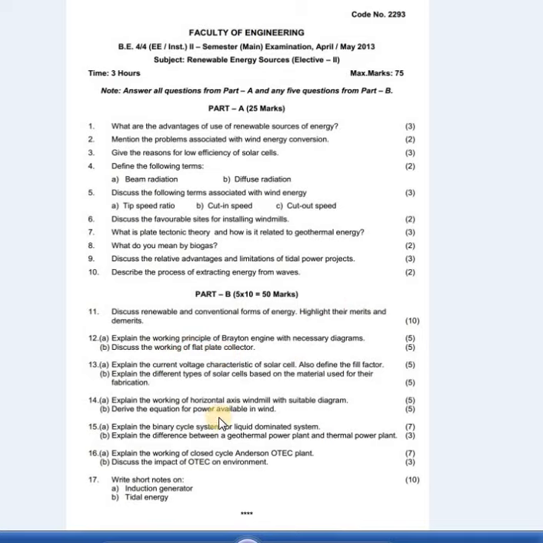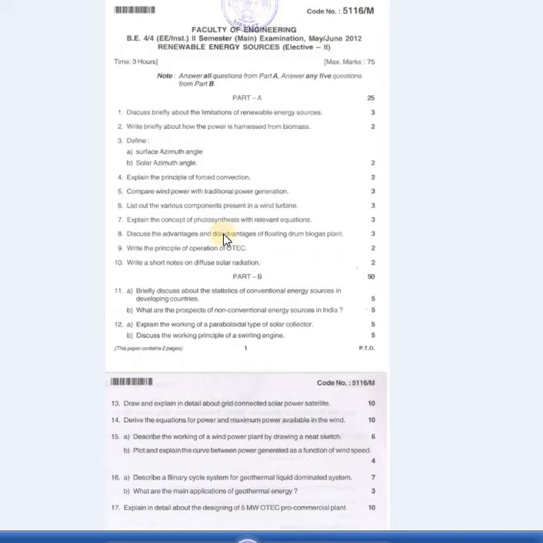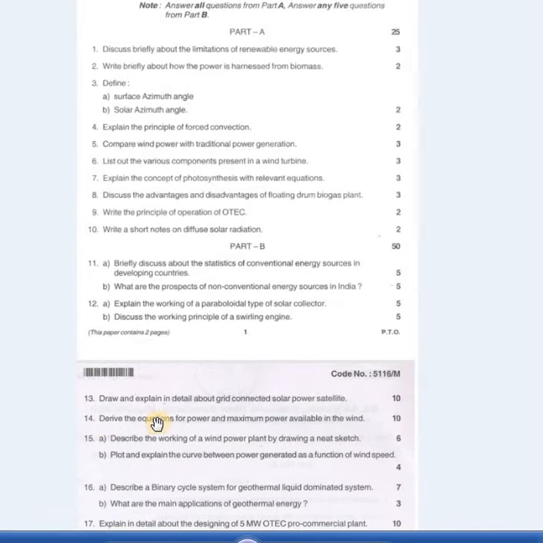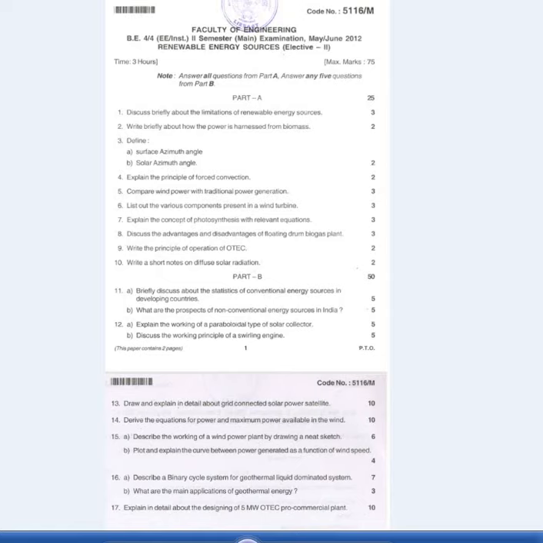So these are the important questions. You need to focus on beam and diffuse radiation, flat plate collectors, solar azimuthal angle, and parabolic type solar collectors, which are also being asked. These are the most commonly asked questions for solar collectors.